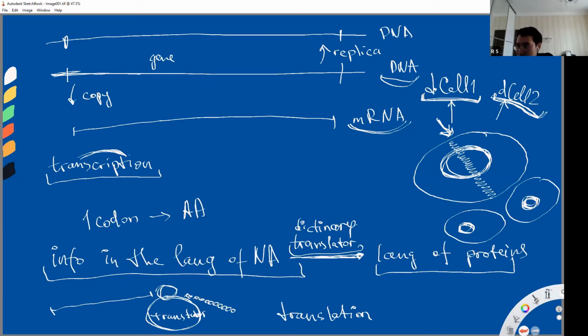And this happens in all organisms. So if you take your neurons, their DNA will be identical to your skin fibroblasts, for example. And this is the same DNA.